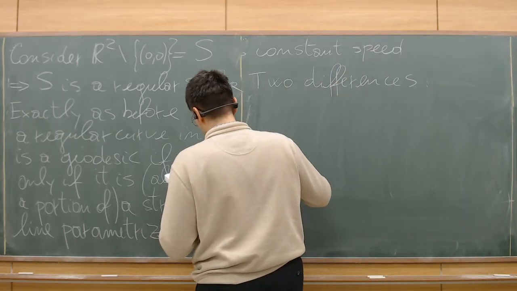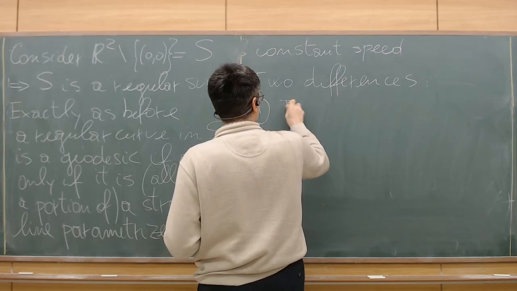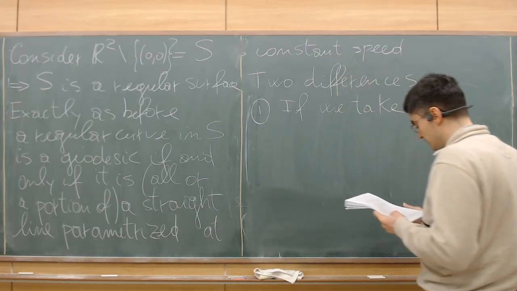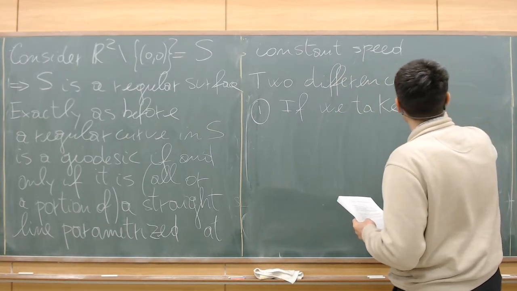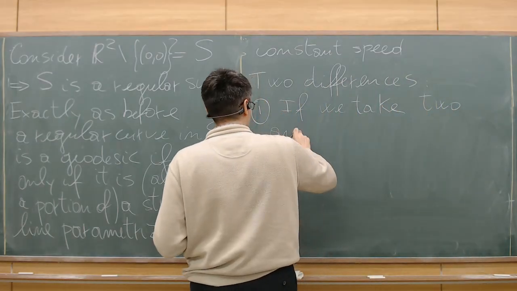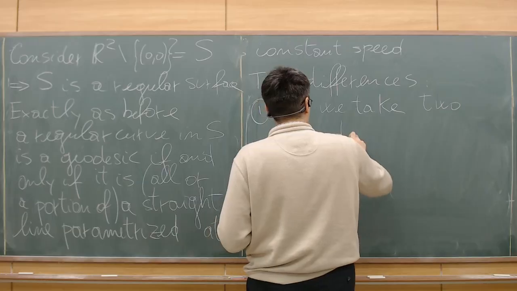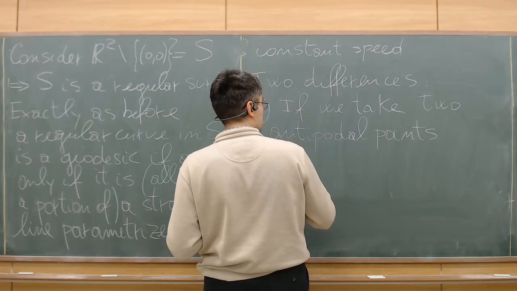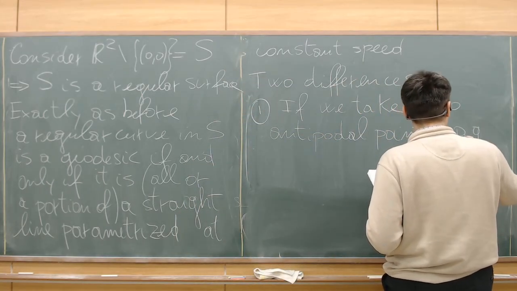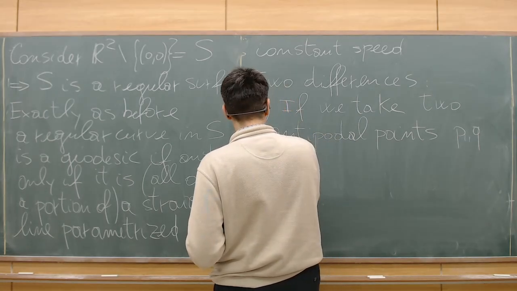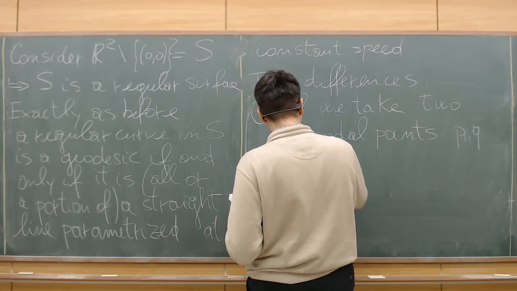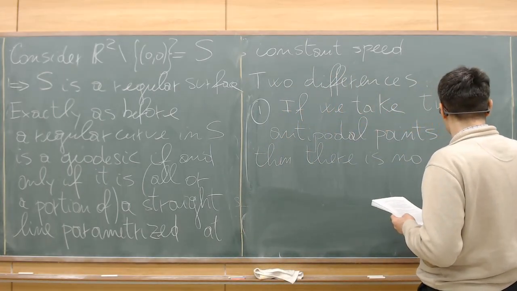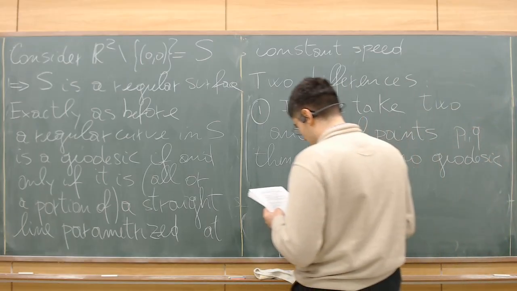One, if you take, for example, two antipodal points, P and Q, then there is no geodesic joining them.